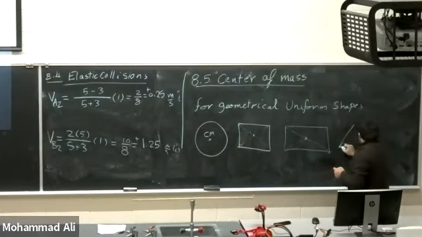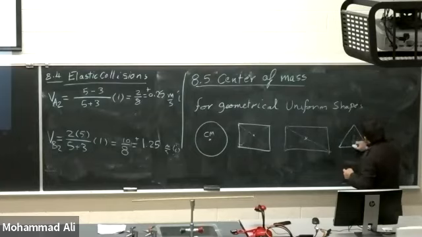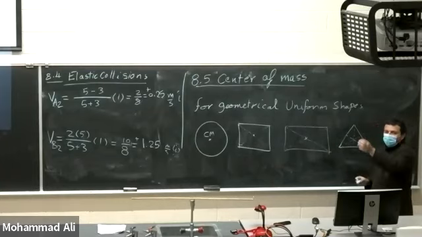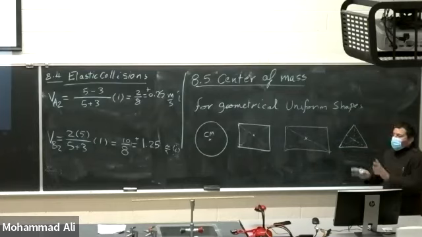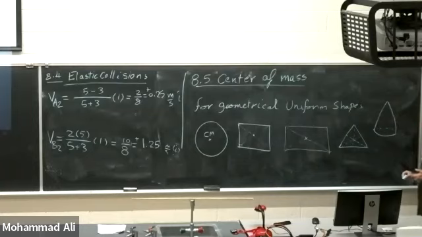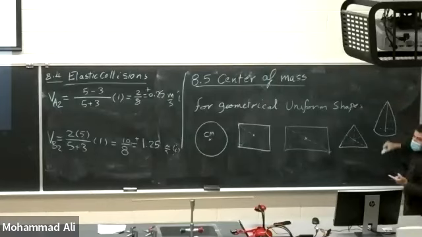For a triangle, we can find it. For the stick, it is at the middle. For three-dimensional objects, for example, a cone, you know the cone. It is simple to find that the center of mass is along its axis.